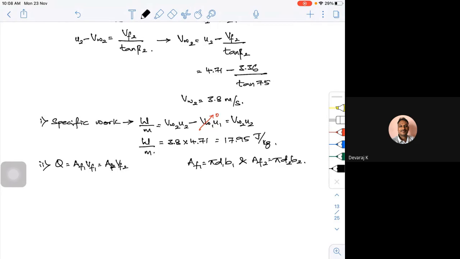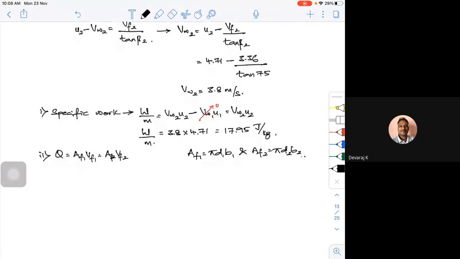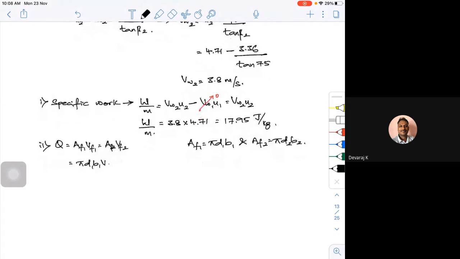So this is the area of the flow at the inlet and exit. I want to substitute this area. So what is the discharge in that case? This will be pi D1 B1 Vf1, which is equal to pi D2 B2 into Vf2. If I take the second quantity, because D2 is given in the numerical, B2 is given in the numerical, and Vf2 we have calculated, it will be easy for me to calculate the discharge using the second equation.